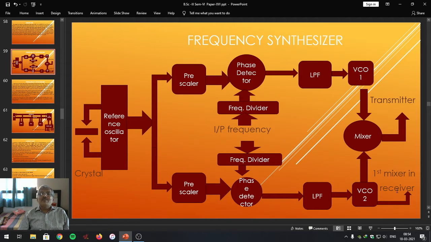That's why this block plays a very vital role: to generate the frequencies necessary for the carrier signal for the transmitter, as well as the local oscillator frequency for the first mixer and the second mixer in the receiver.